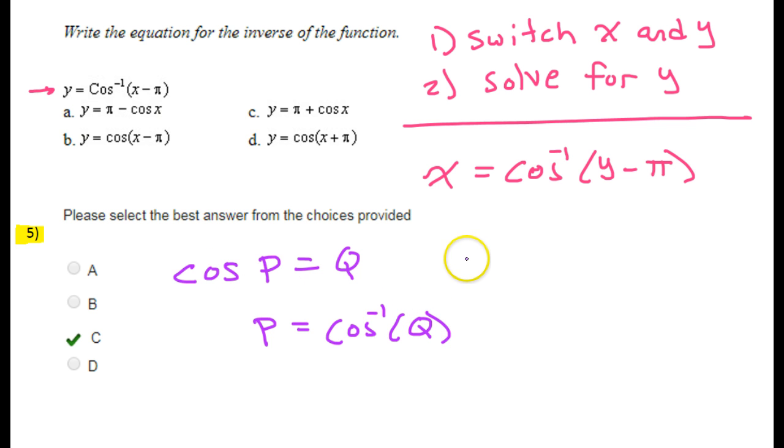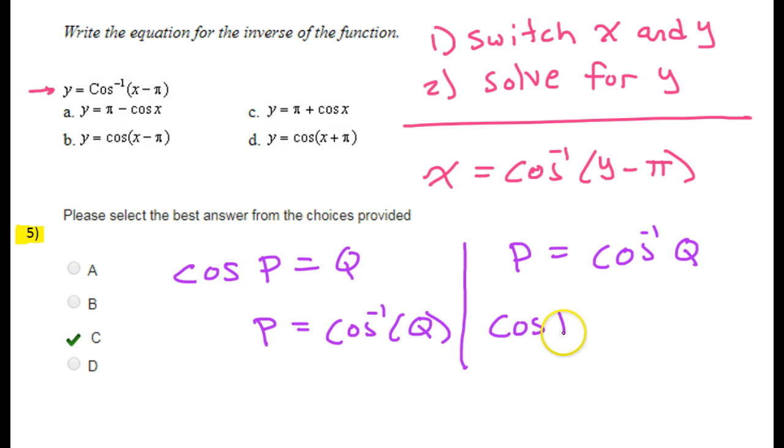Alright, that's how this works. But this is a two-way street. So if I told you that p is equal to the inverse cosine of q, then you would know that cosine p is equal to q. All right, it goes both ways. So that's what I'm about to do right now.